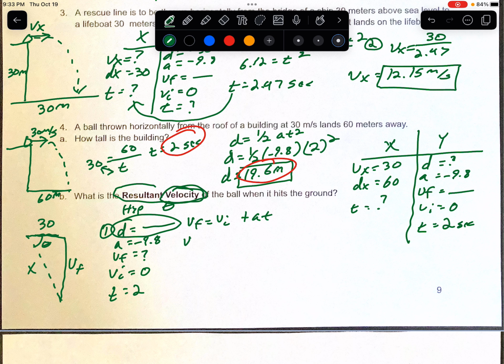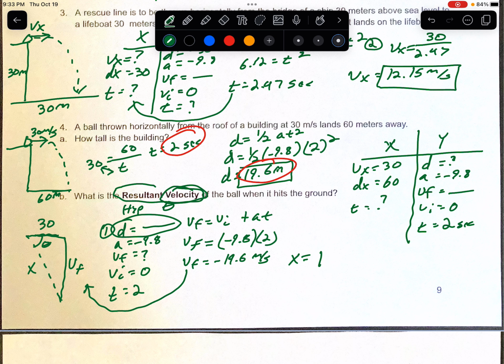So VF I don't know. VI is 0, so that just disappears. So it's basically A times T. So negative 9.8 times 2. So VF equals negative 19.6 meters per second. Now, that is not my answer. That is just now I know both sides of my triangle. So now we get to do the whole Pythagorean theorem. So square root of A squared plus B squared.